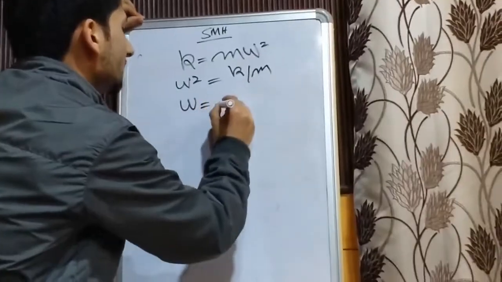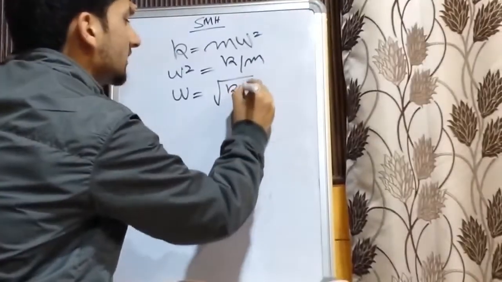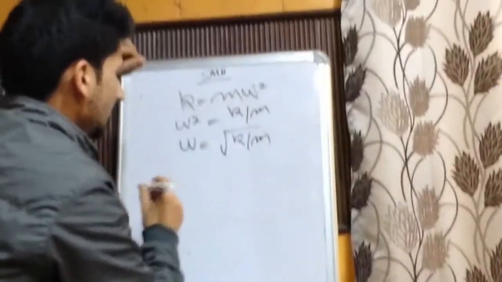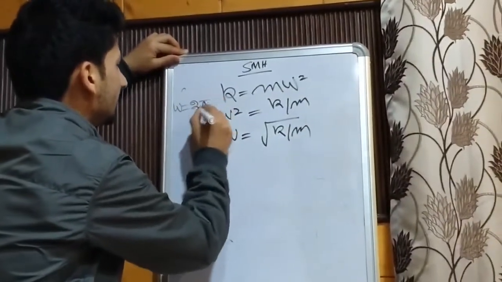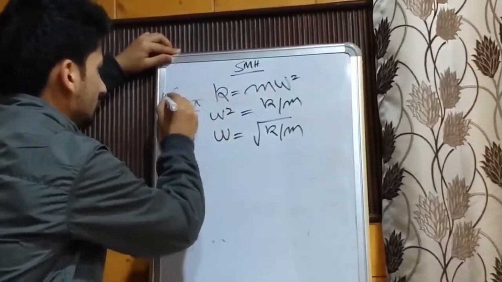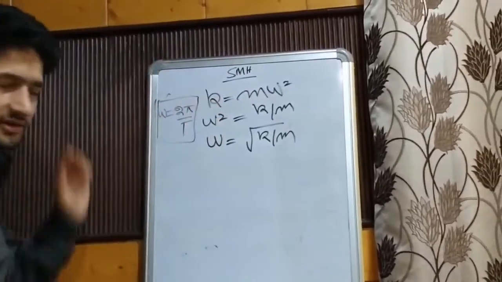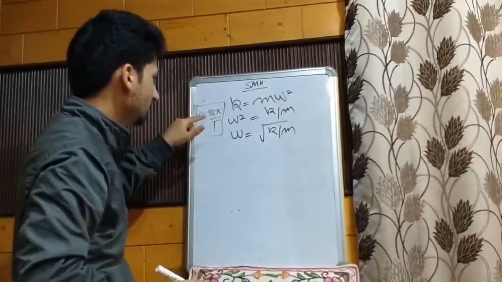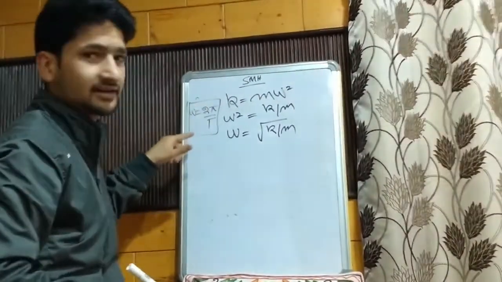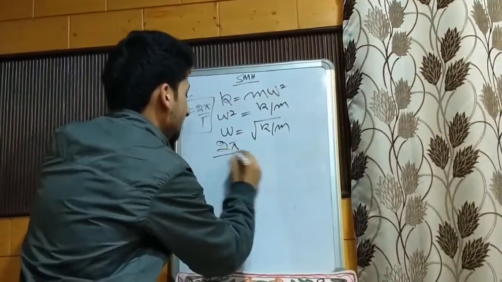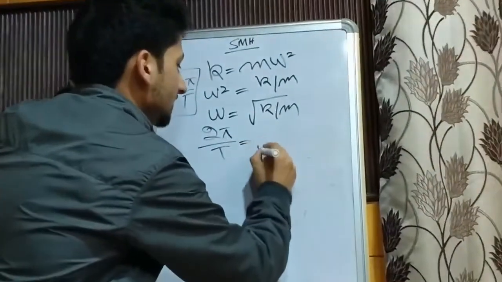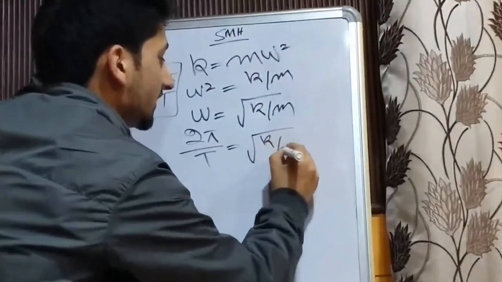So omega will be under root of k by m. Omega is actually equal to 2 pi divided by T. It's the angular frequency, and angular frequency is equal to 2 pi divided by T, where T is the time period. So let's replace omega by 2 pi by T. That will be equal to root of k by m.